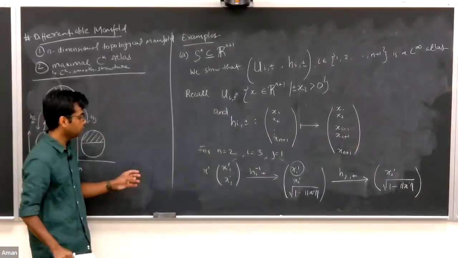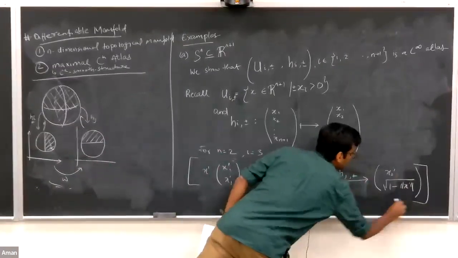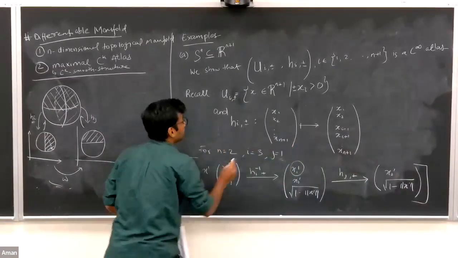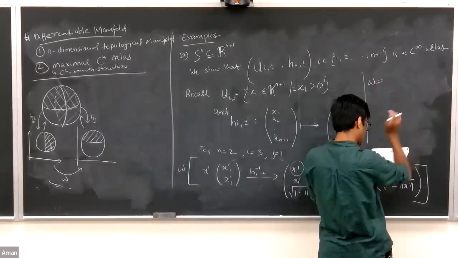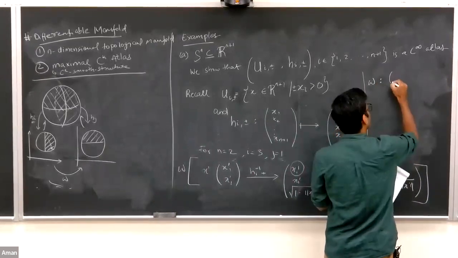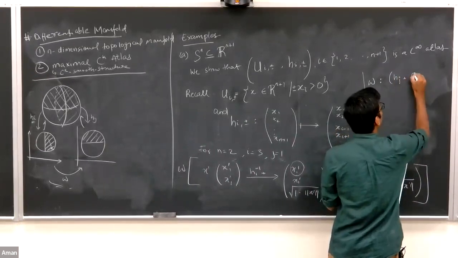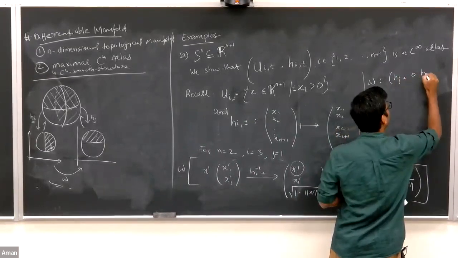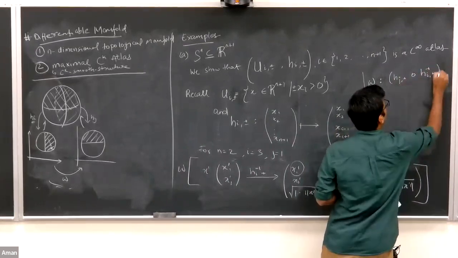So you can see that you can define, and this is just the omega function, right? And omega function written simply is just a combination of your hj function in the positive with your hi function's inverse in the positive.